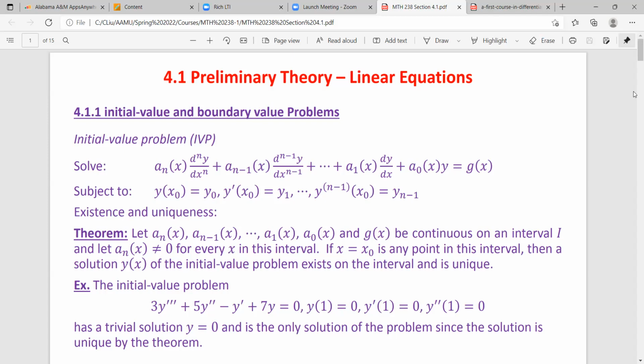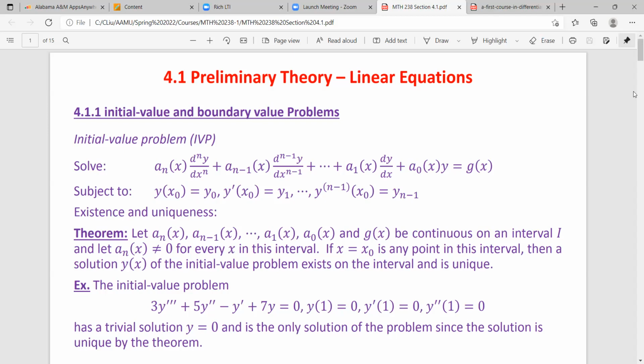Obviously, we want to solve this nth order differential equation, so the coefficient function for the leading or highest derivative of y is never 0 in the region we consider, on the whole domain of this problem.